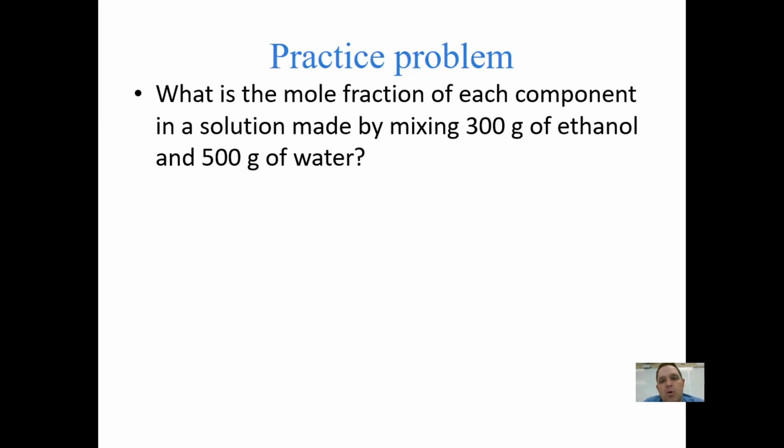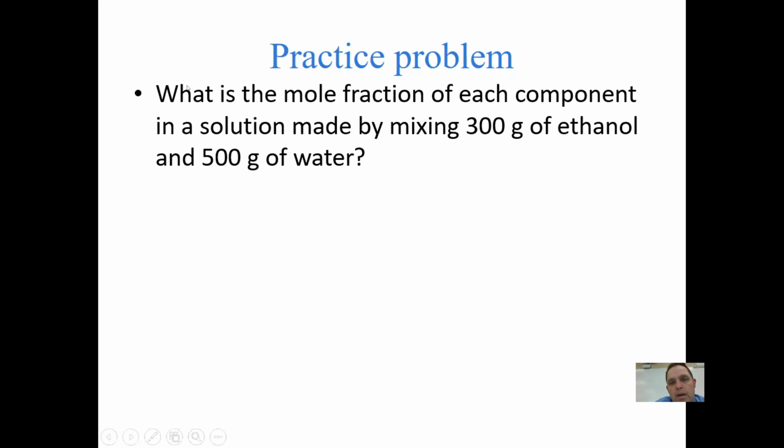This one says, what's the mole fraction of each component in a solution made by mixing 300 grams of ethanol and 500 grams of water? So first of all, we got to convert all of this to moles.